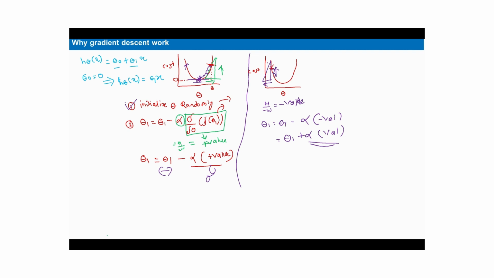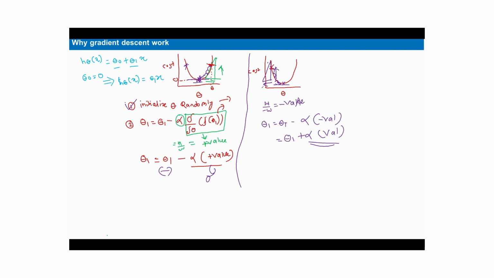This process will repeat until convergence, until it reaches this point, and it will stop automatically, because when the cost is equal to 0 we can't find the slope, and theta will not update further.